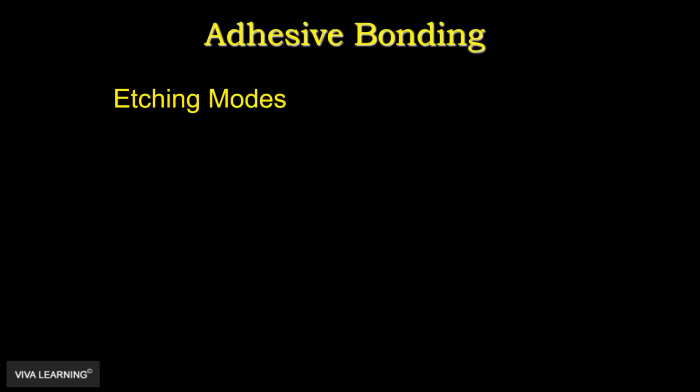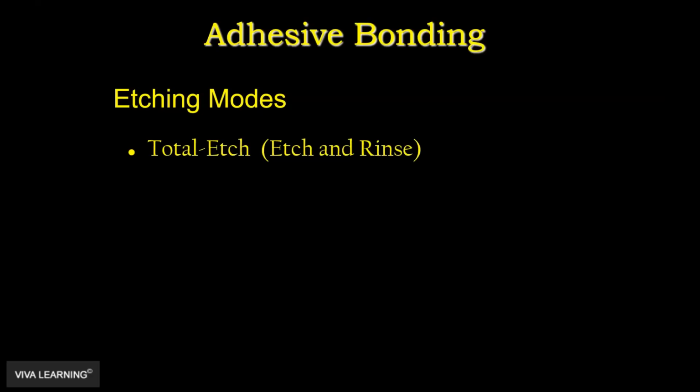We didn't have that years ago, when all our preparations had to be retentive, which required more tooth reduction for our restorations. Today, we can be very minimally invasive because we can bond to tooth structure. Understanding the etching modes and the adhesives is very important when doing the types of dentistry that are so commonplace today.